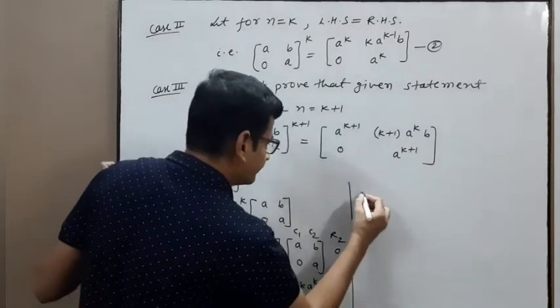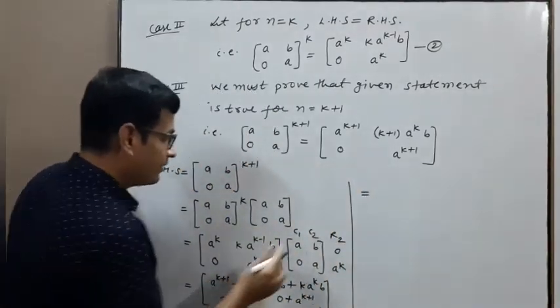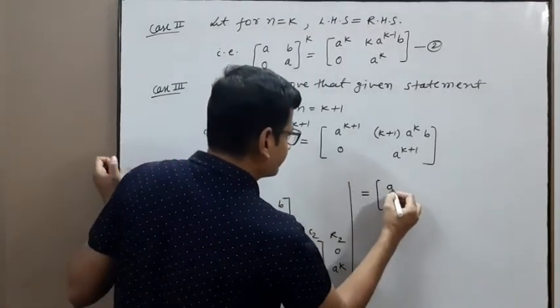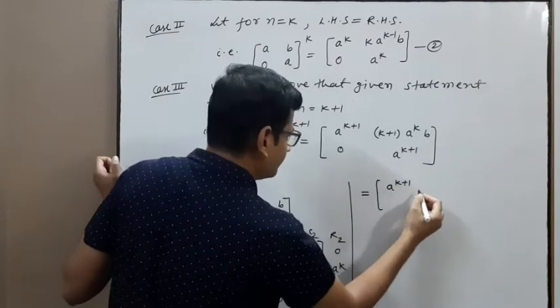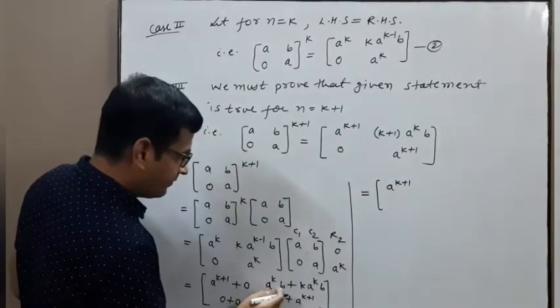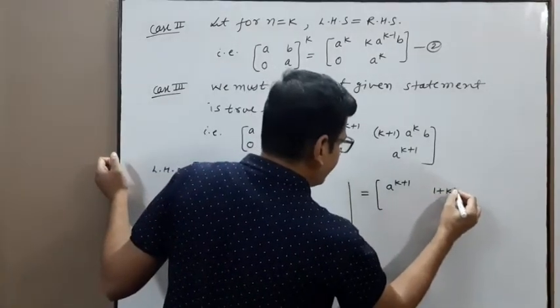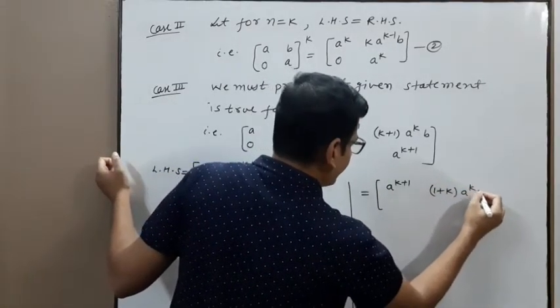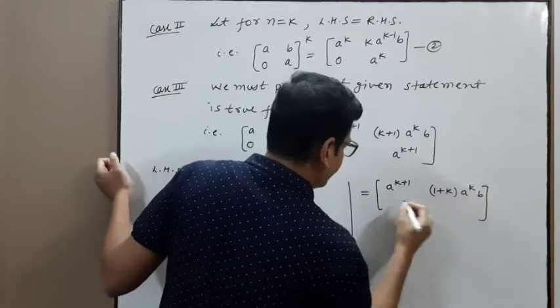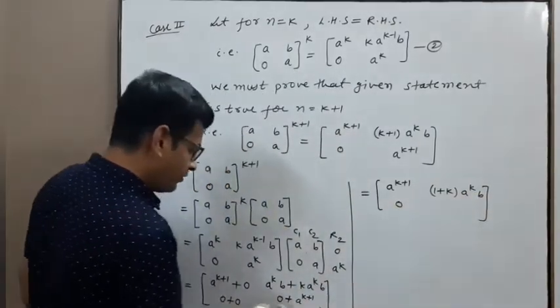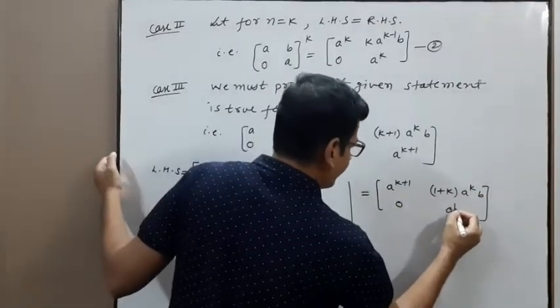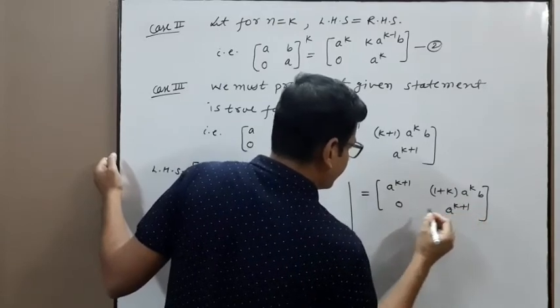Next step, simplify. A to the power k plus 1, and A to the power k B is common, so we get 1 plus k into A to the power k into B. 0 plus 0 is 0, and 0 plus this is A to the power k plus 1.